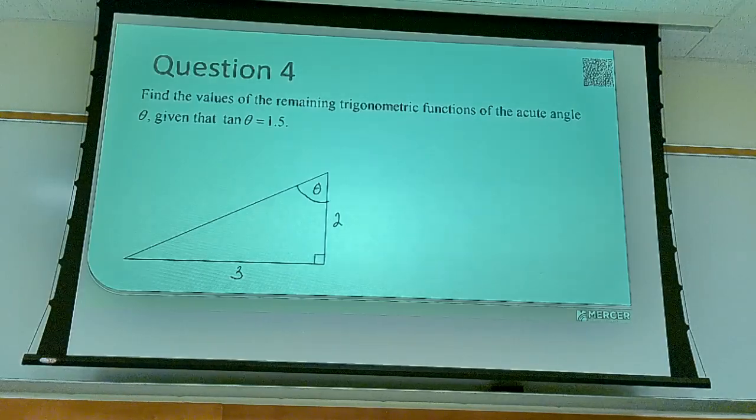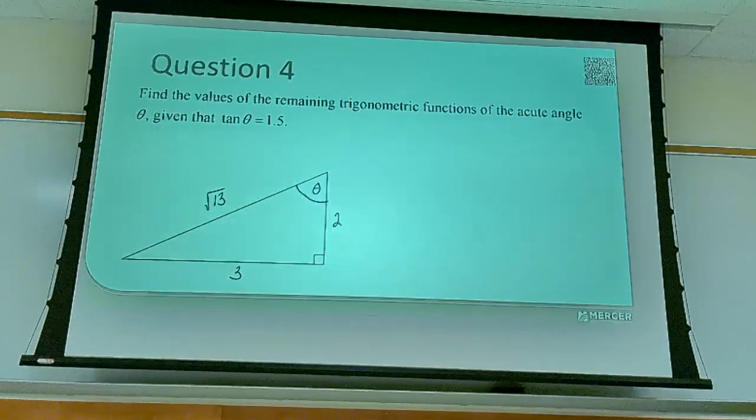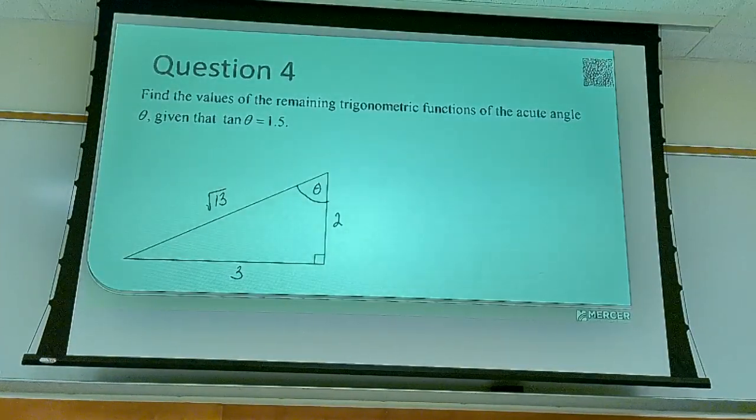And the hypotenuse you're going to have is the square root of 13. And a quick way to tell that it can't be root 5: the hypotenuse has to be the longest length. Root 5 is less than 3, so that's not possible.